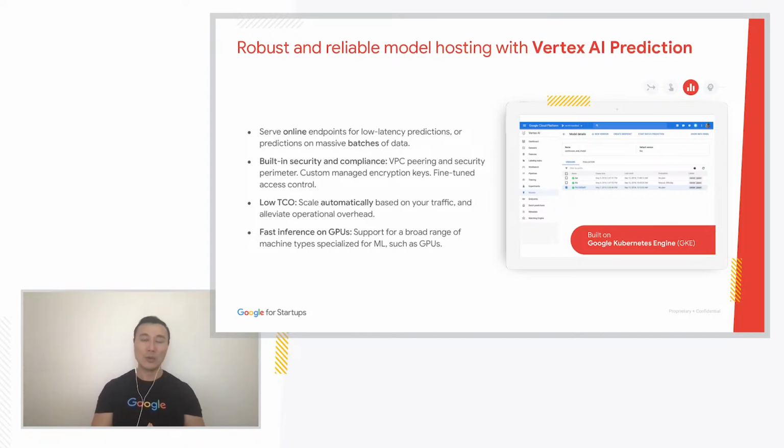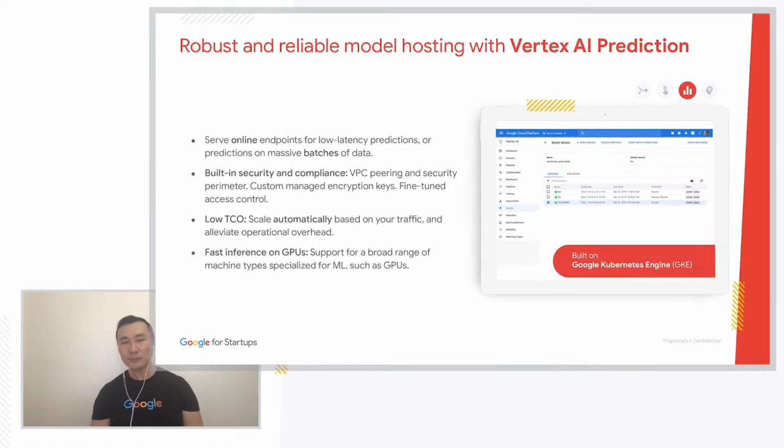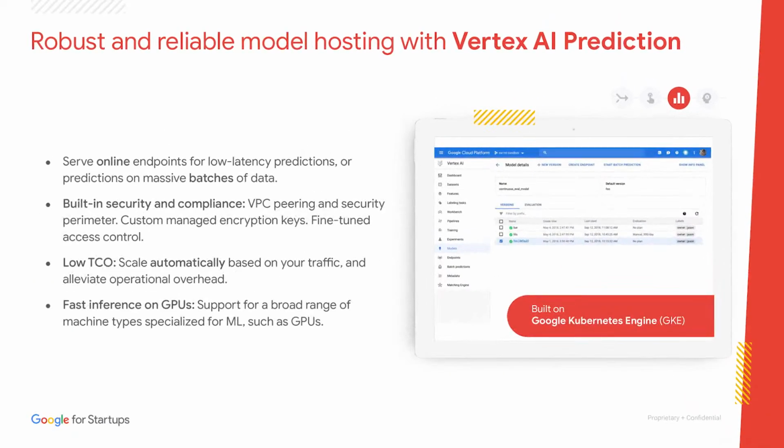And the good part is that once you train this model once, it can be served to both the real-time endpoint and the batch inference. It's the same code, the same model, the same container. You don't have to change anything.